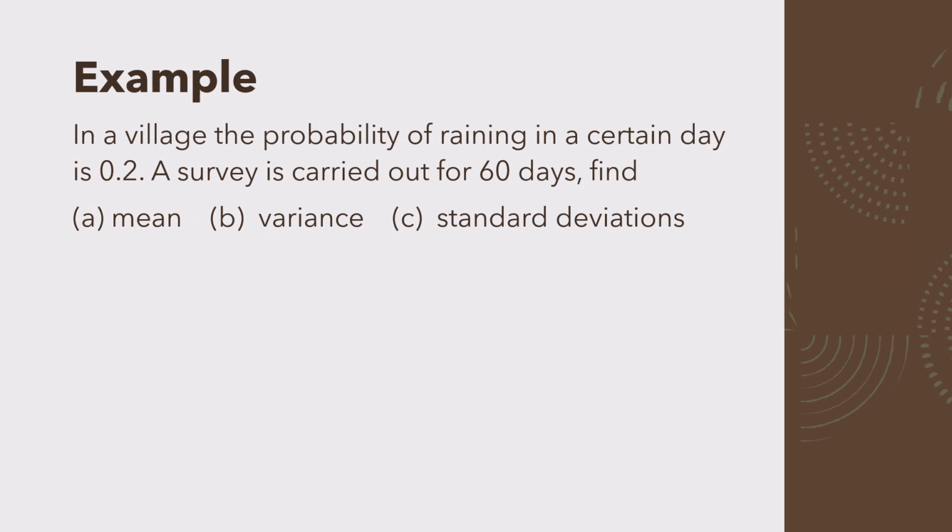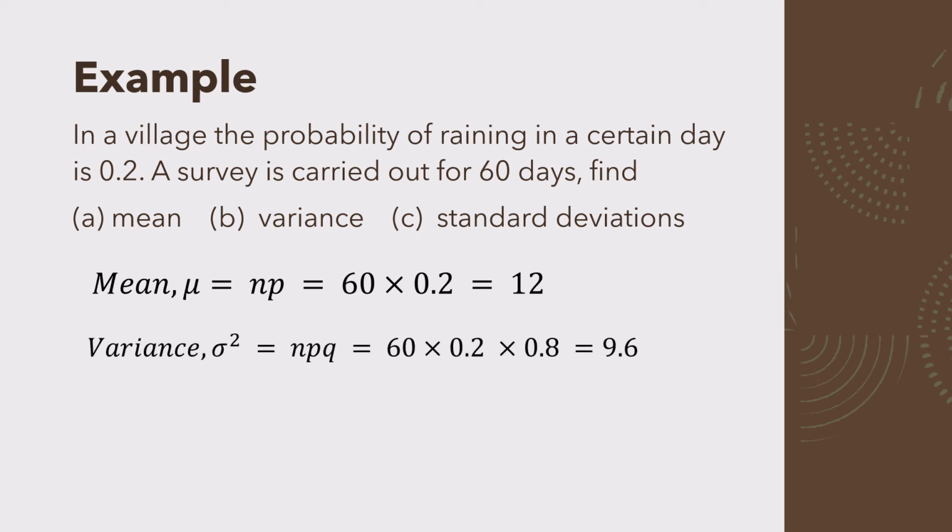Next example. In a village, the probability of raining on a certain day is 0.2. A survey is carried out for 60 days. Find the mean. The mean should be 60 times 0.2. Then the variance is 60 times 0.2 times 0.8, which gives 9.6. And the standard deviation is the square root of the variance, which gives 3.098.